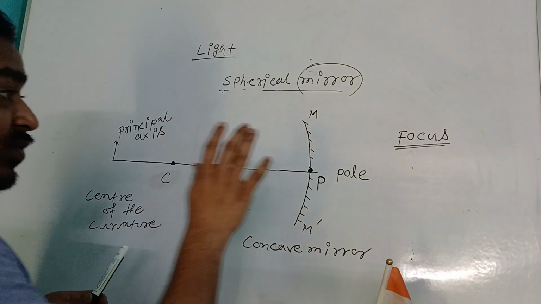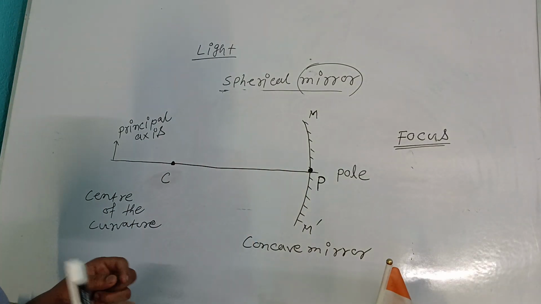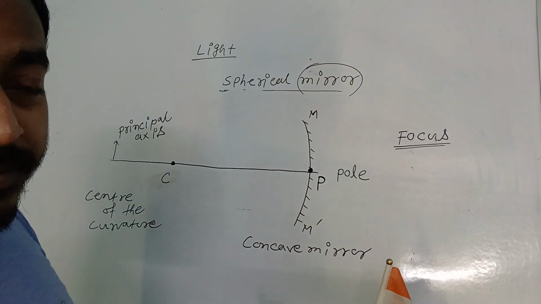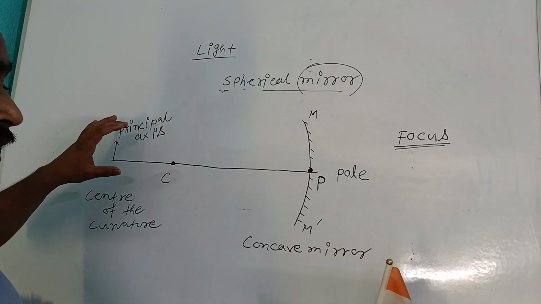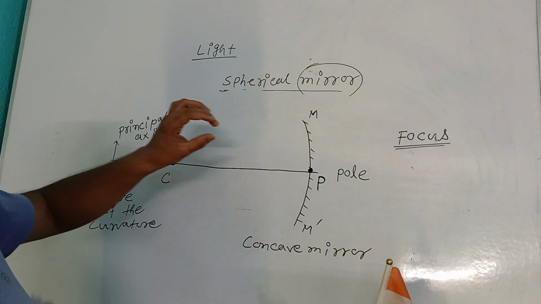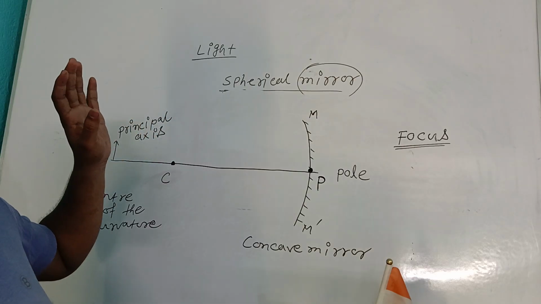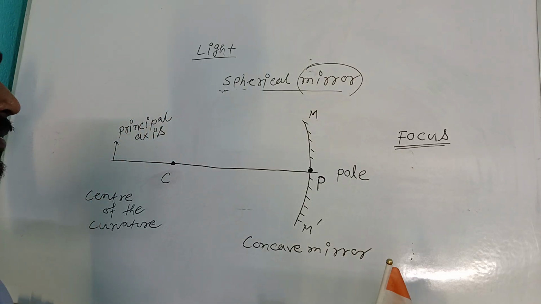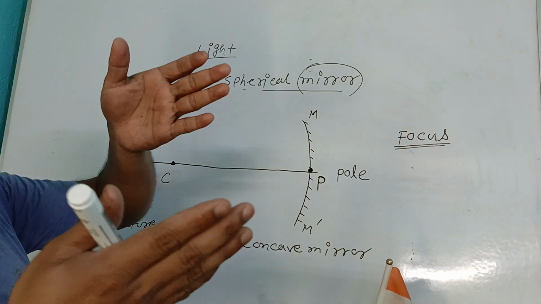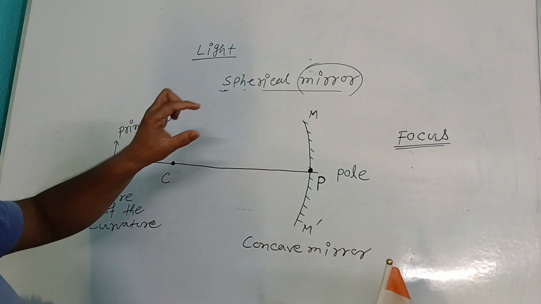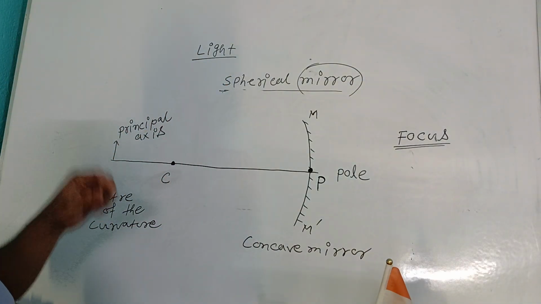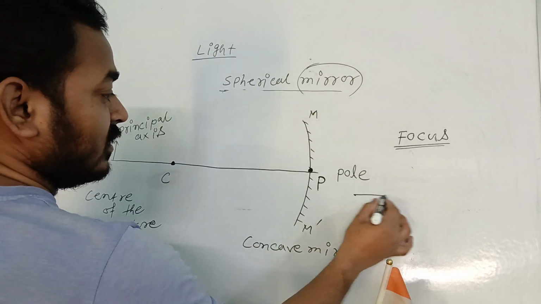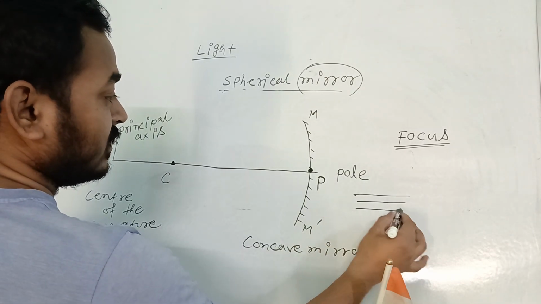So focus means a point where all the reflected rays are meeting. And all the reflected rays means, say I'm taking one particular set of rays which are parallel, and they are meeting at a particular point. I can take this type of set of parallel rays.